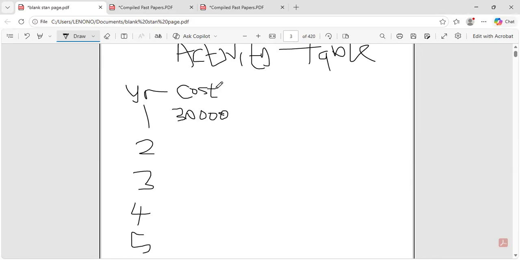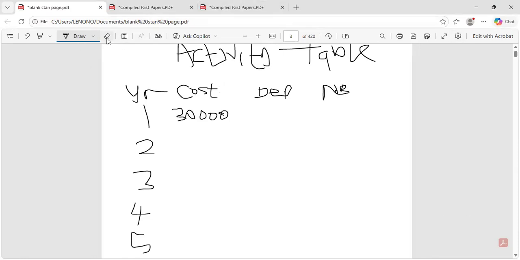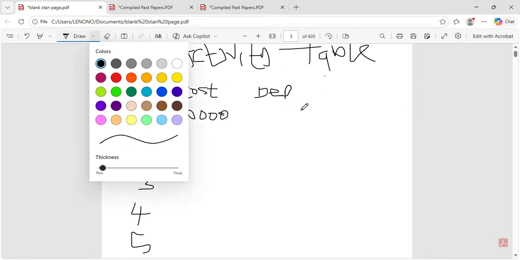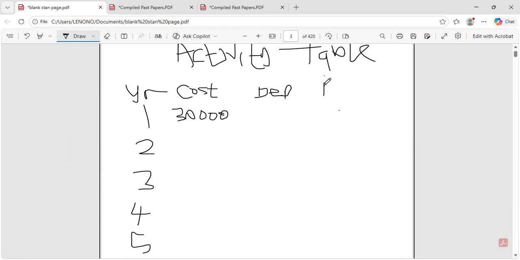Then you also do the depreciation, and on this other side you do the NBV. NBV, you know, is the net book value.